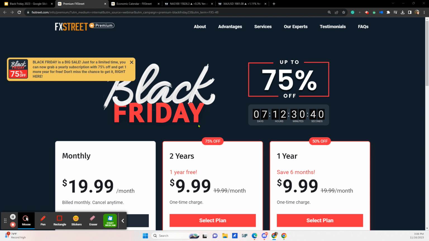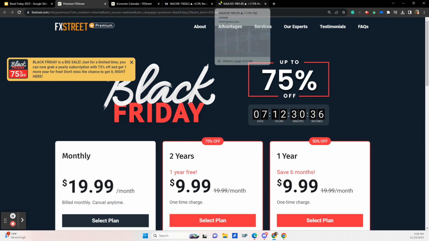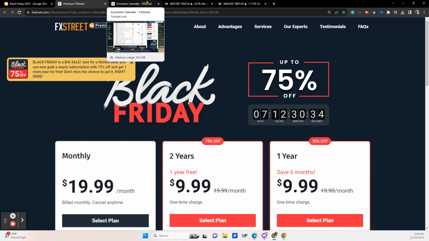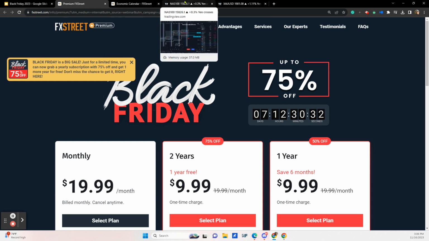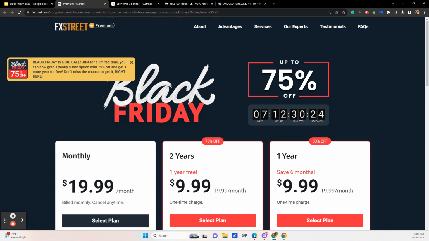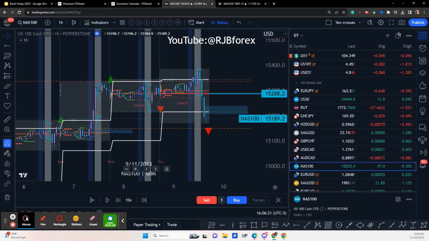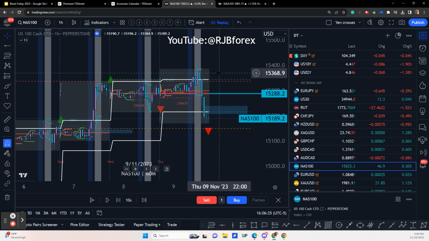Okay. So what I wanted to do was go through what I'm looking for on a Friday. And specifically, what I want to talk about are levels and trading from specific levels. On a Friday, let's get to a chart, and I'm going to give you an example of last Friday's setup. This particular one was on the NAS 100.